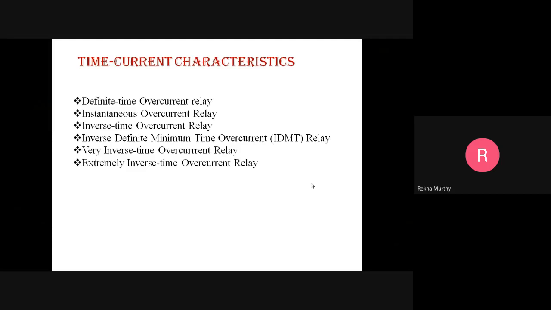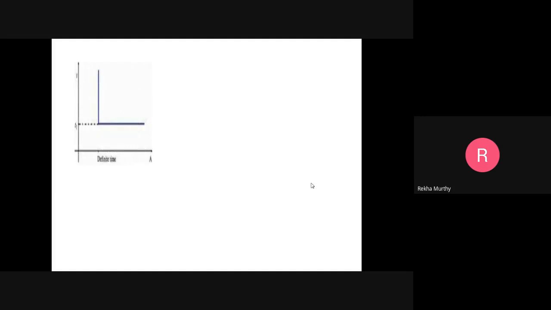Usually the attracted armature type of relay with a time element shows this characteristic. How exactly does this characteristic look? It is almost this one. This is a definite time overcurrent relay, where we provide some intentional delay, and after a certain time the relay has to sense the fault. That is how it detects the pickup value.